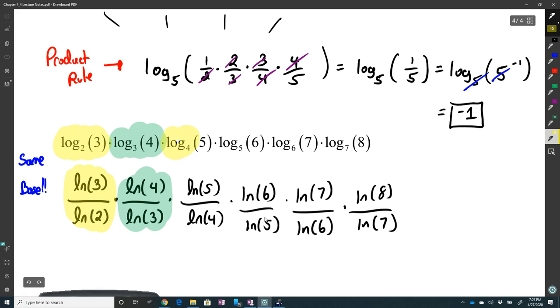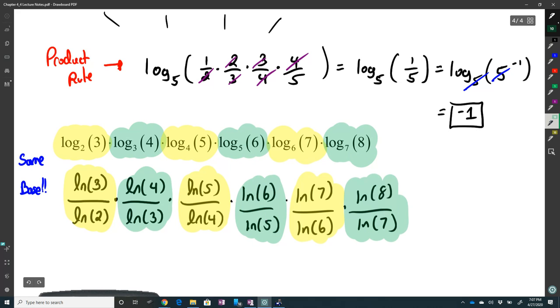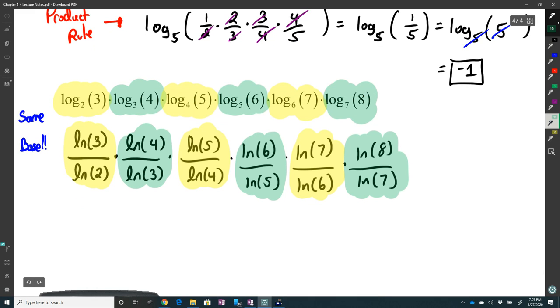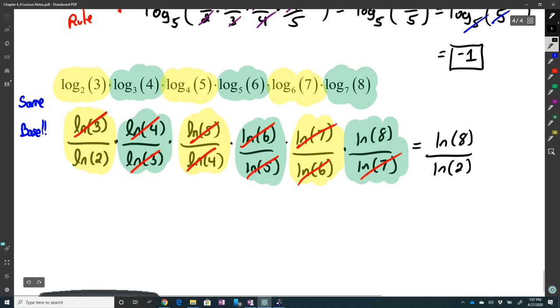And notice that when I do that, things cancel out. Ln of 3's cancel. Ln of 4's cancel. Ln of 5's cancel. Ln of 6's cancel. Ln of 7's cancel. And we're left with ln of 8 over ln of 2.